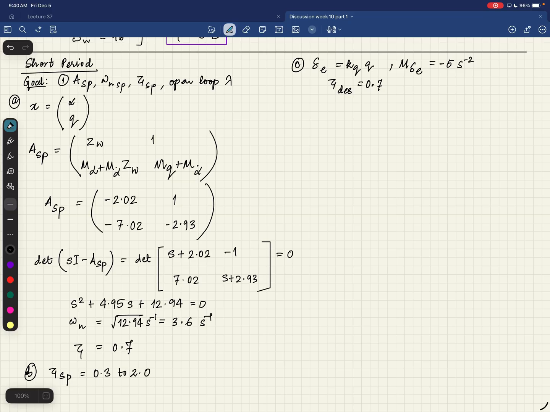So what's going to happen when you have a control loop? So now what term is it going to modify?